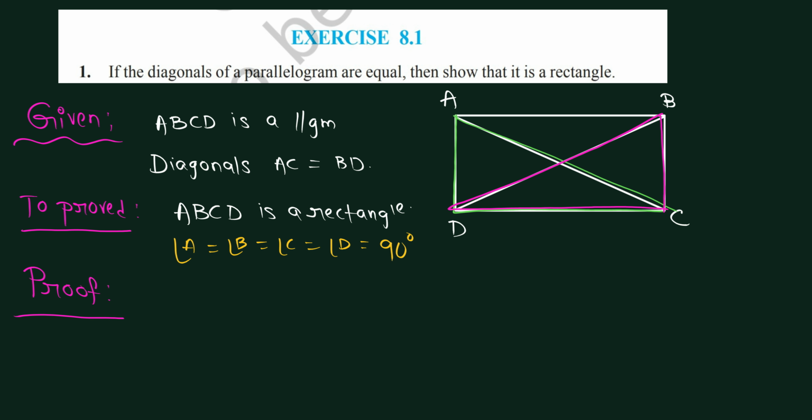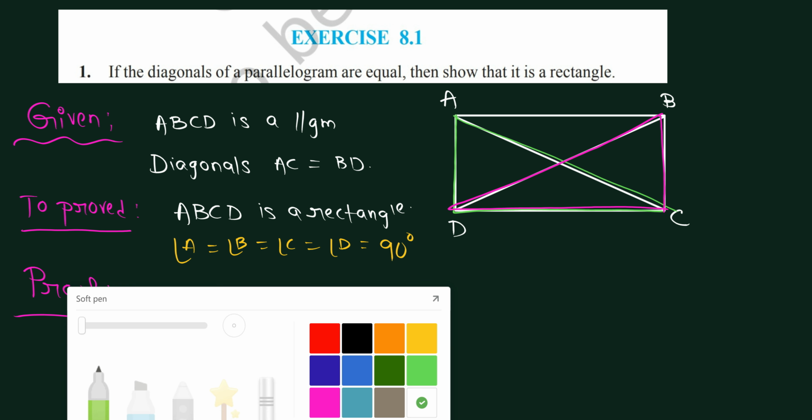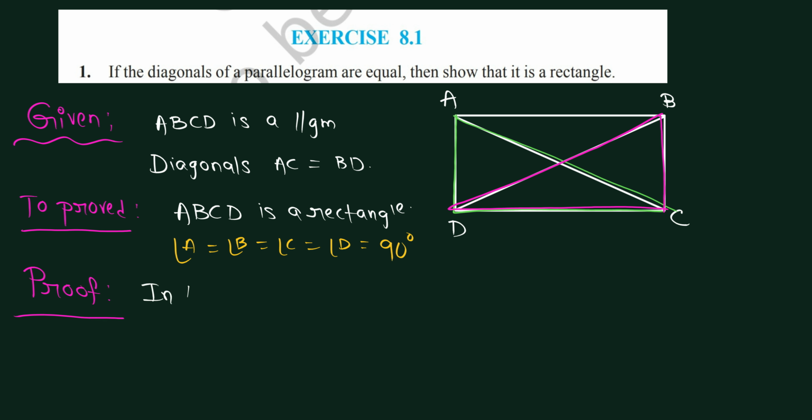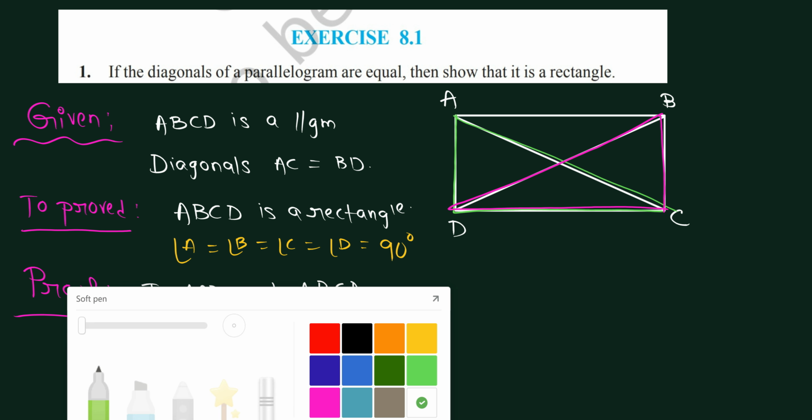Okay, so now you see. First, you select triangle ADC and triangle BCD. So what sides are equal here?